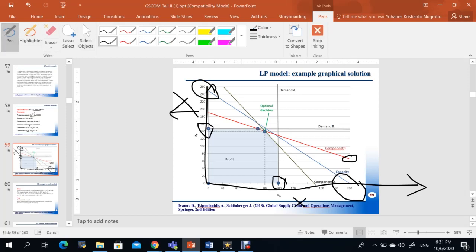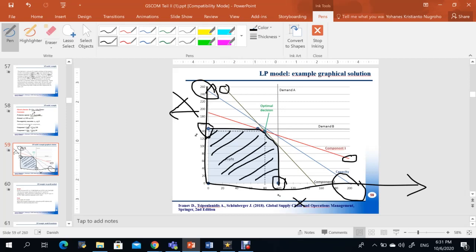Similarly also for component number 2 here. We plot all of this together on paper, and we have this region, we call it the feasible region, because only in this region can we get a feasible solution.